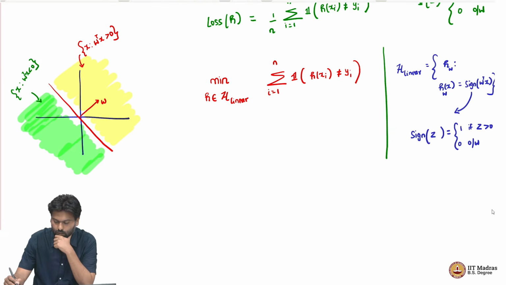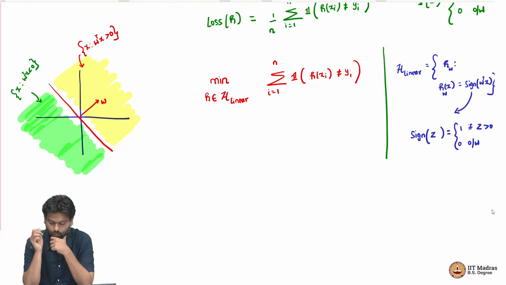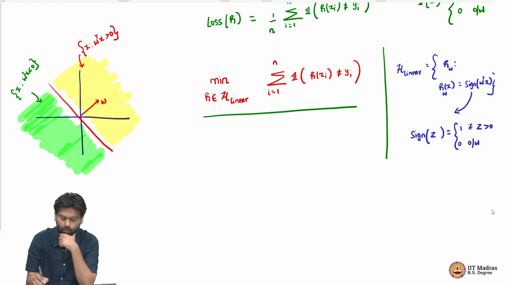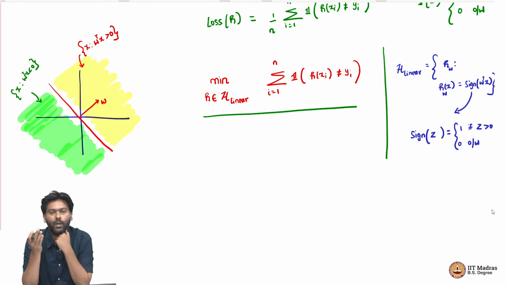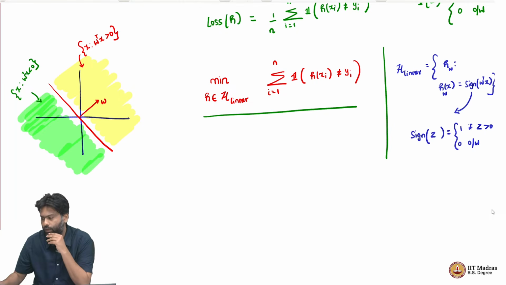Okay. So now the question comes, how do we solve this problem? Remember, going back to the regression case, what we did was we said that we are going to find that w which minimizes our squared loss, and then we took the derivative and set it to 0. Now we have changed the loss.